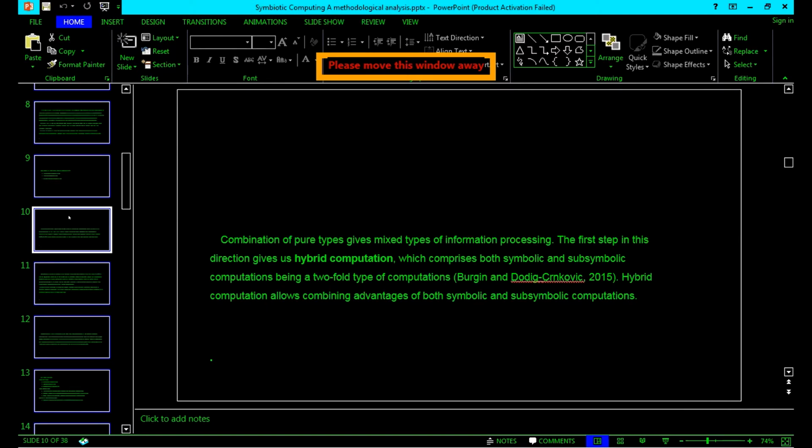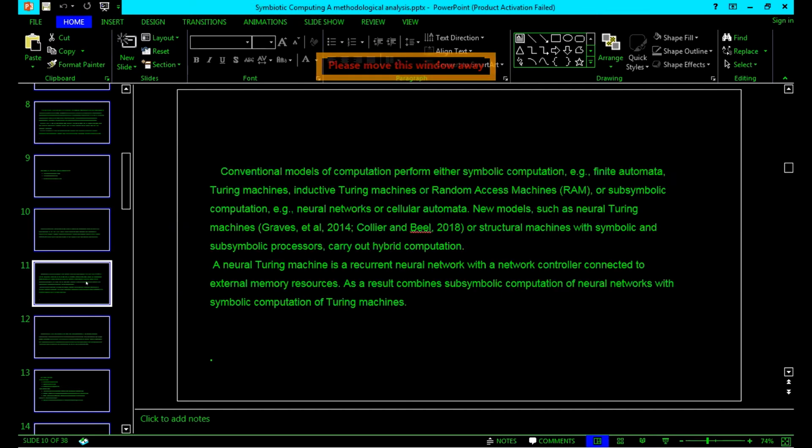Hybrid computation allows combining advantages of both symbolic and sub-symbolic computations.